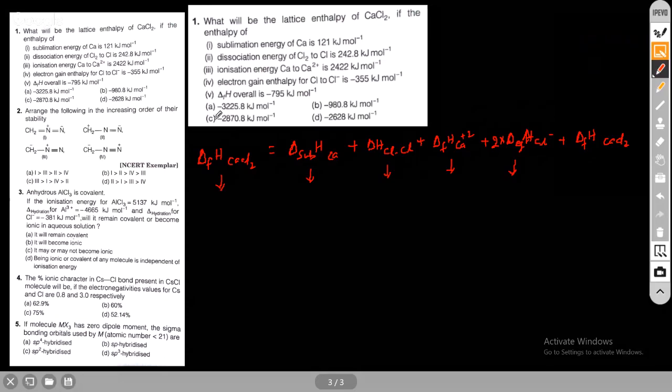Okay, the answer you will get is option C. This is the overall enthalpy change. Left hand side, overall it is given. This you have to find out. All these values are given, you will substitute and you will get the answer. Option C is correct. Right? Question number 2.